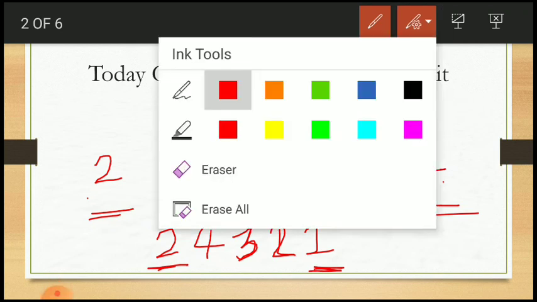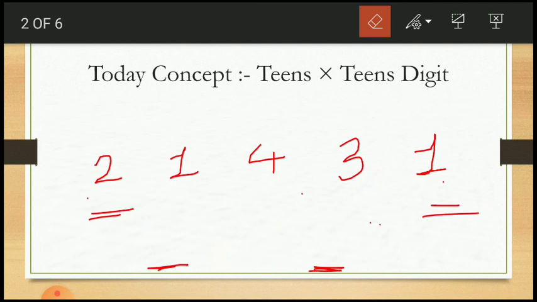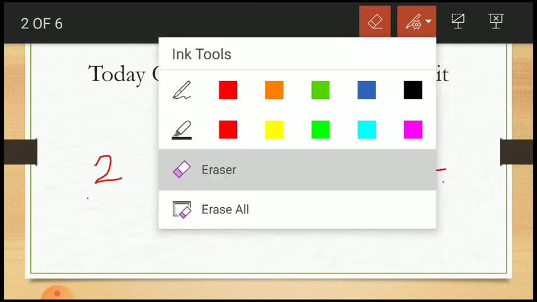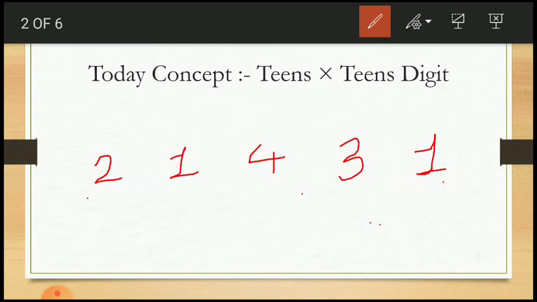Now you have to first write the constant. What is the constant of 2? The constant of 2 means 2, so you write 2 as it is. Before 2 there was no digit, so you copy 2.